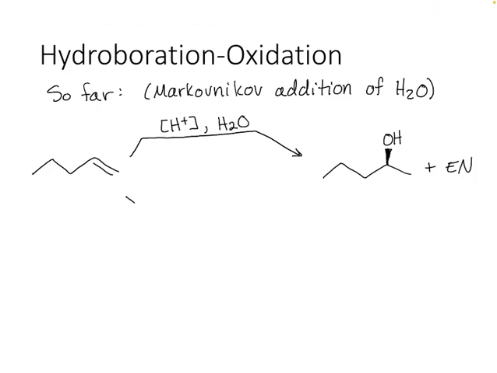Or to avoid rearrangement, we could use mercury acetate, which we will abbreviate as Hg(OAc)2. The subscript 2 is just telling us that we have two of those groups attached to mercury, followed by water.